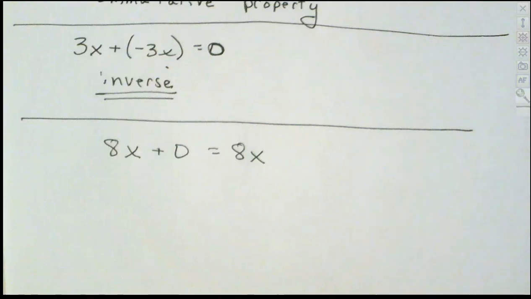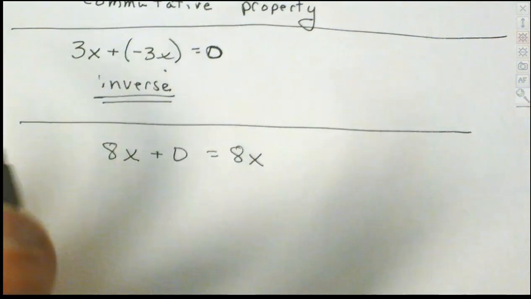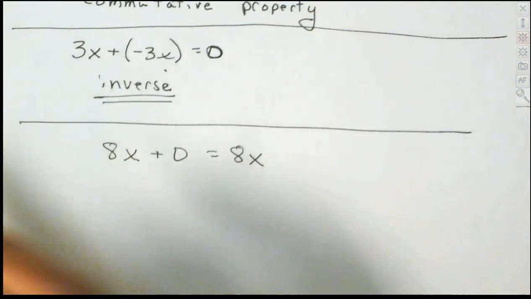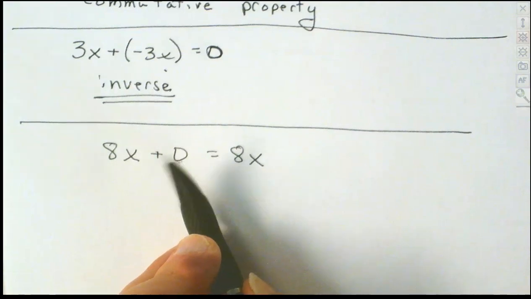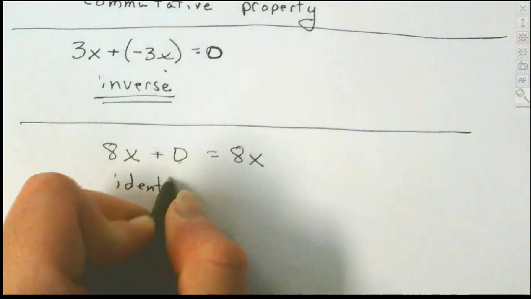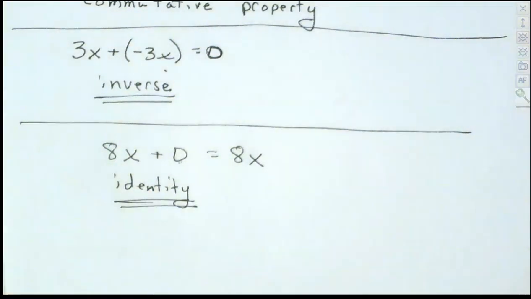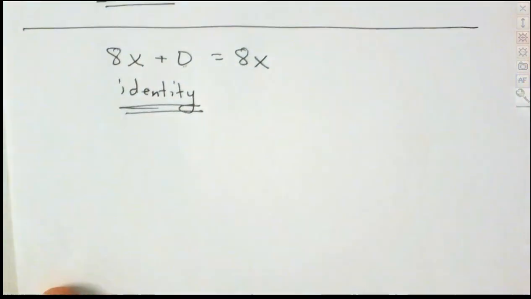No. The sides are the same, right? Because they add together. 0 doesn't change it at all. So this is your additive inverse, or additive identity, sorry about that, not inverse. Because when we add 0 to something, it does not change it. So that's the identity property.